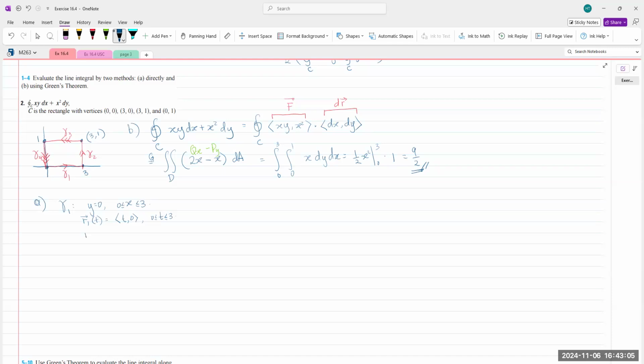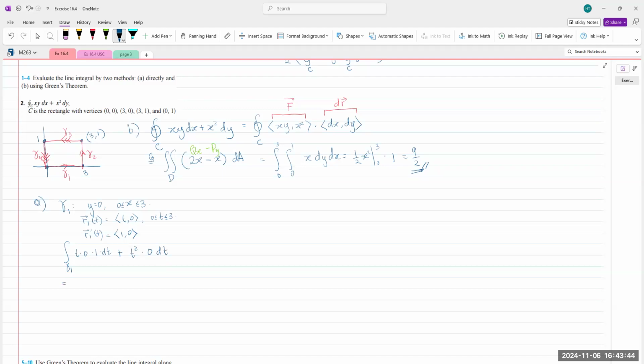So r1 prime of t is just (1, 0). Then the integral over gamma 1 of xy dx, which is 1 dt, plus x squared dy, which is 0 dt.